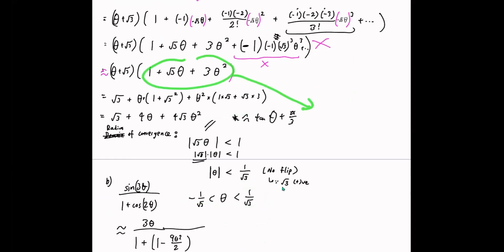But here we only cut off at theta square. That's why when you see the graph, it wasn't very accurate. If you add more and more terms, it will actually become super accurate within the boundary from -1/√3 to +1/√3. But of course, practically speaking, it's impossible to have an infinite number of terms. It only exists in theory. So that's why you'll see the inaccuracy.